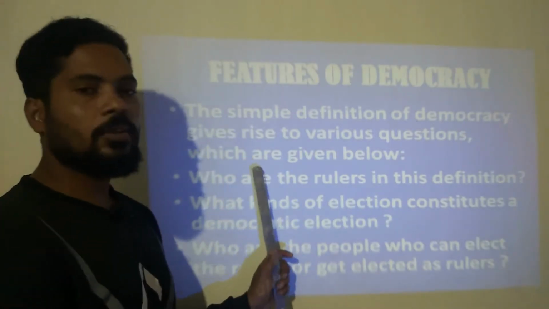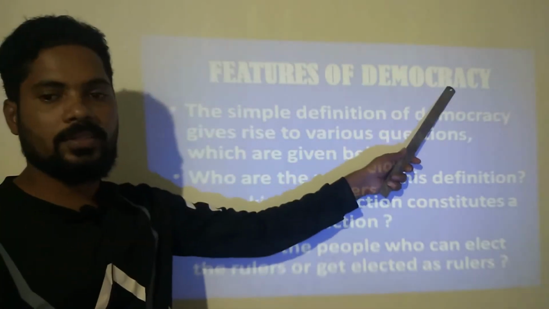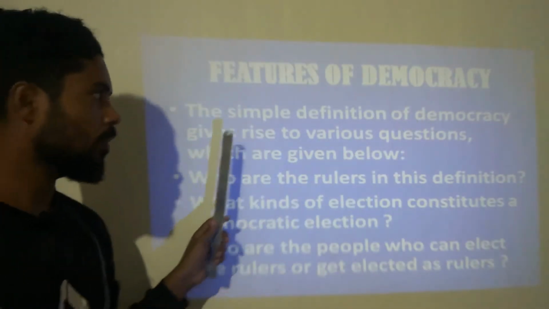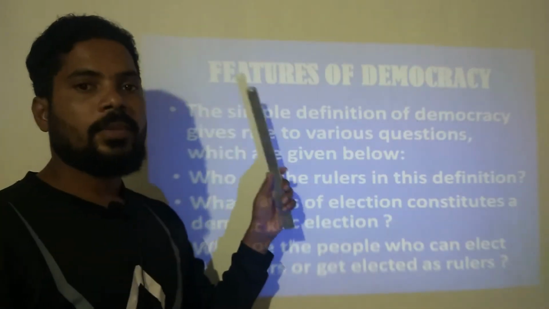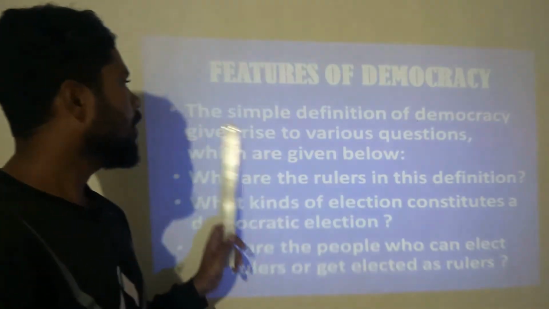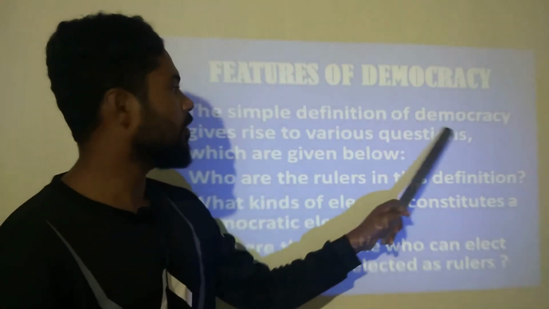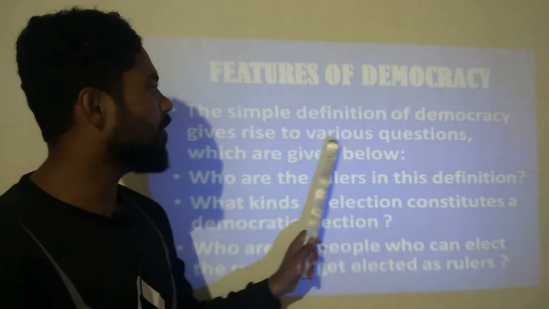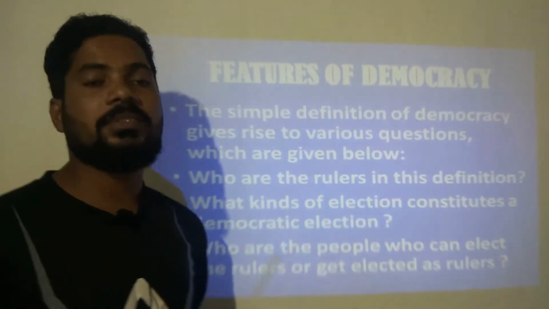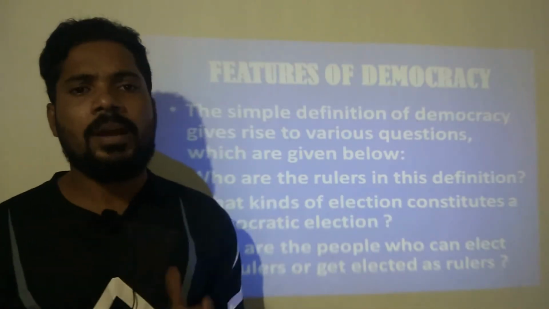Now we are going to see the features of democracy. We discussed the definition of democracy, now we will see the features. The simple definition of democracy gives rise to various questions in our mind.